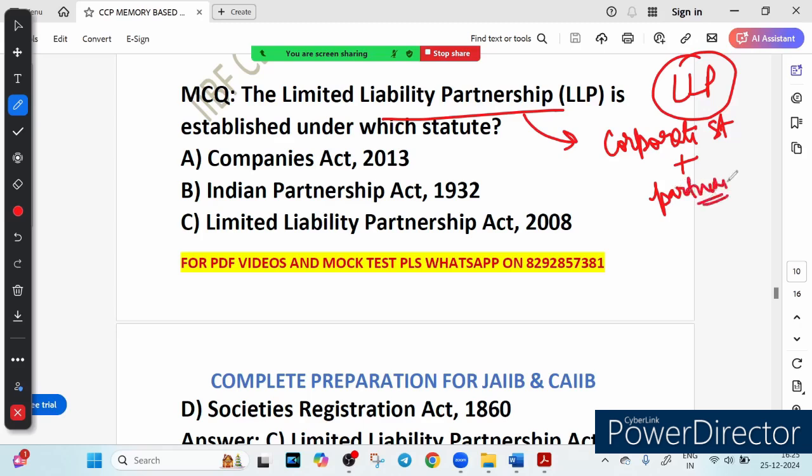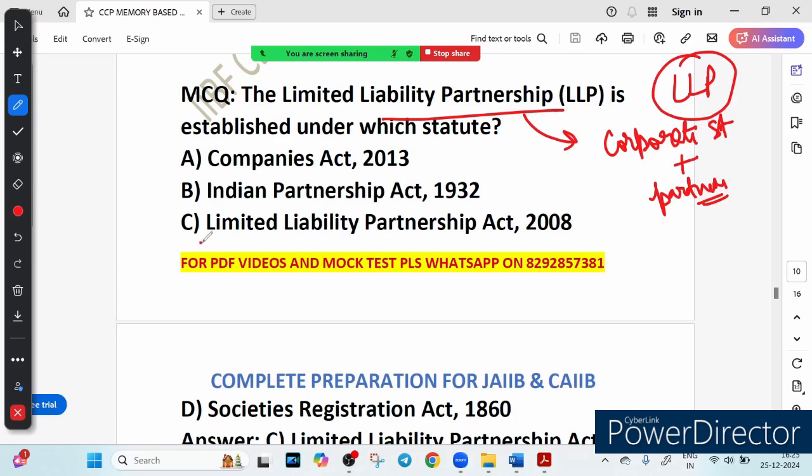So it offers limited liability to its partners, meaning their personal assets are protected. That is called limited liability. Unlike in traditional partnership where the partners have unlimited liability, in the case of limited liability partnership, their assets are protected. The LLP Act 2008 governs the establishment, management and operation of the LLP in India.